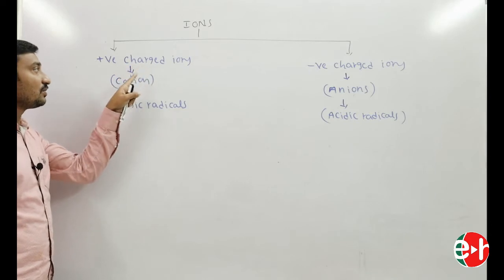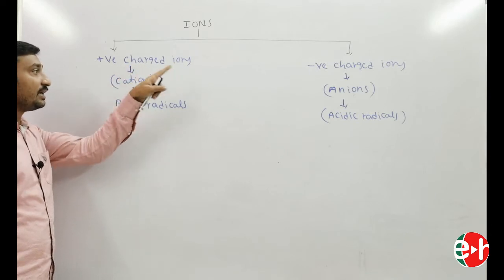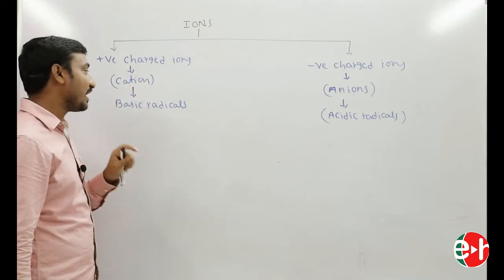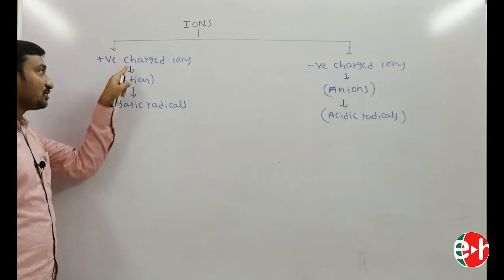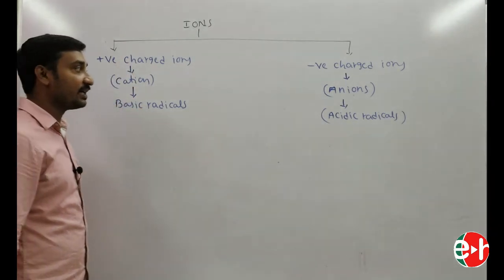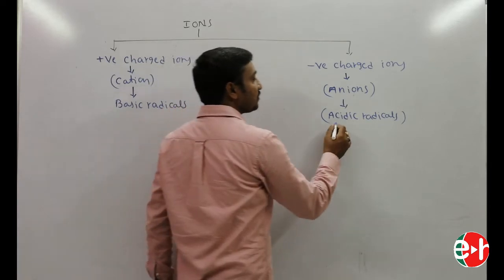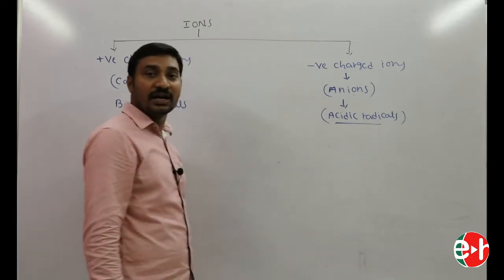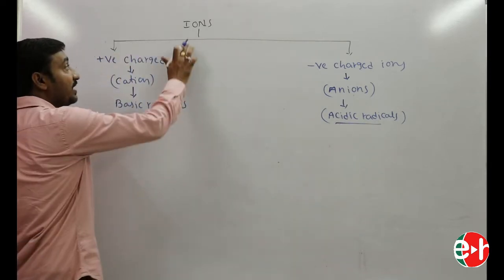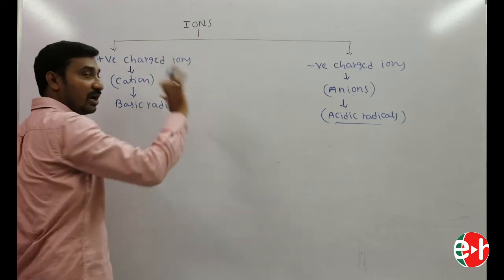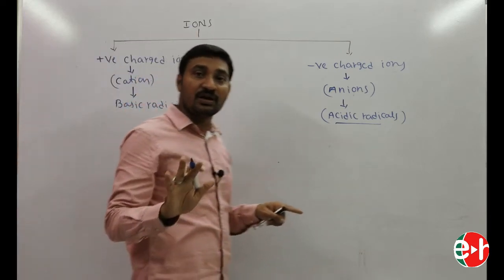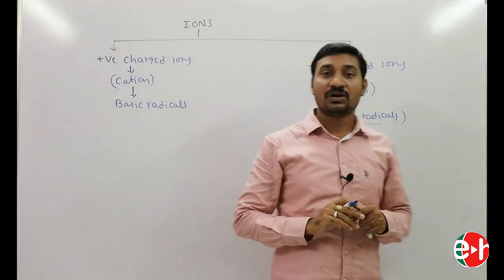Positive charged ions known as what? Cation. Negatively charged ions known as anion. Positively charged ions also called basic radicals. Negatively charged ions also called as what? Acidic radicals. Okay, ions. So we understood the definition of ion. Ion means what?